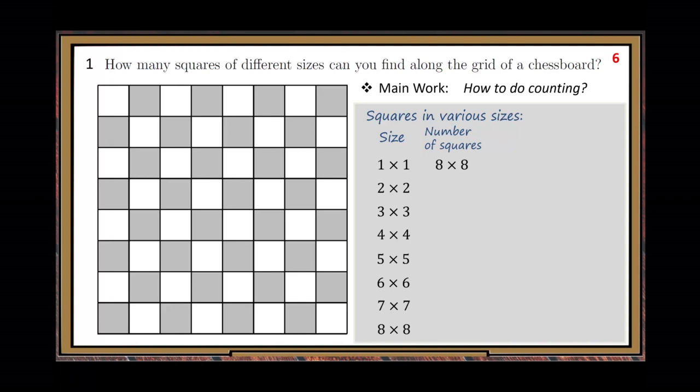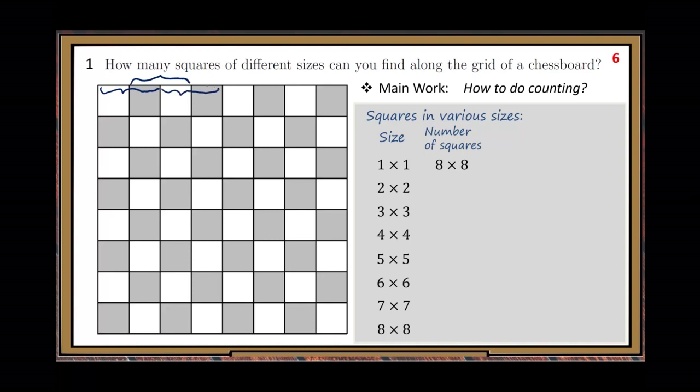All right. So horizontal. Let me mark it on the chessboard. Let's count one by one here. The first length 2 side of such squares. This is the first one. Then the second one. This is another possible size 2 side that can be used in the squares.